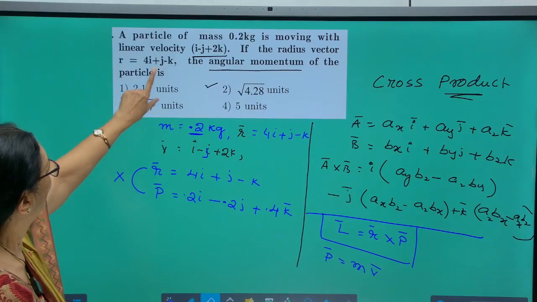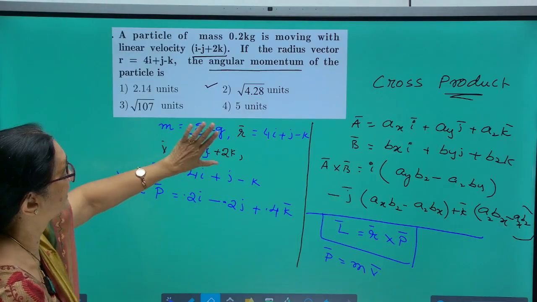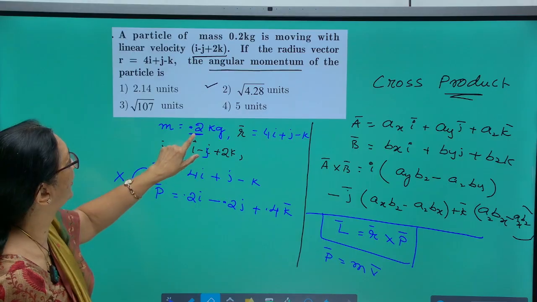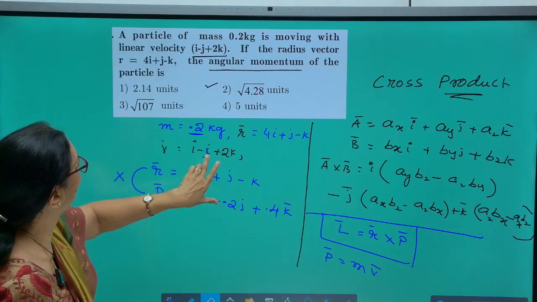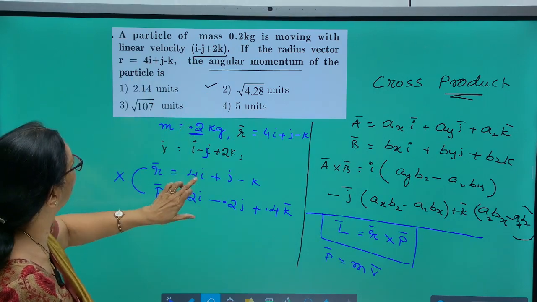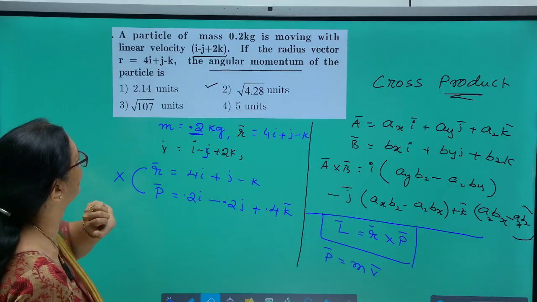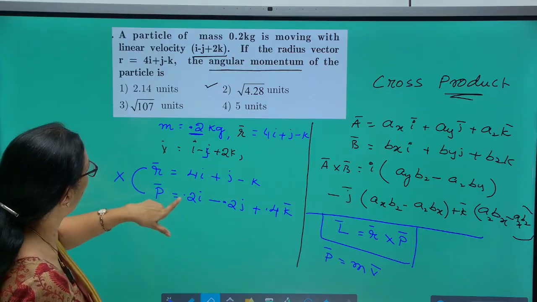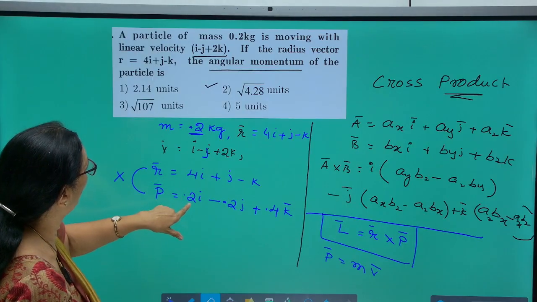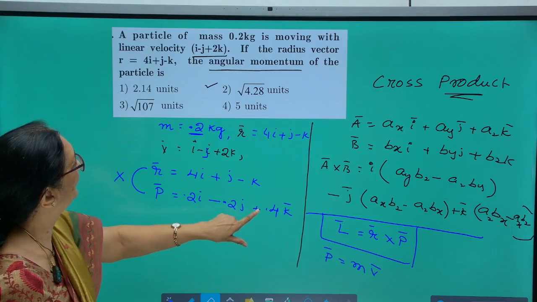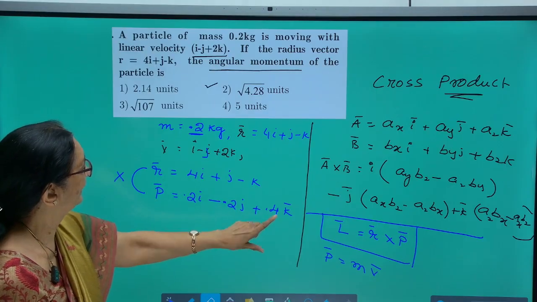So, look here, mass is 0.2 kg, I am checking the data basically, right. So, mass is 0.2 kg and linear velocity is i minus j plus 2k and radius vector is 4i plus j minus k. So, linear momentum mv is 0.2i minus 0.2j plus 0.4k.